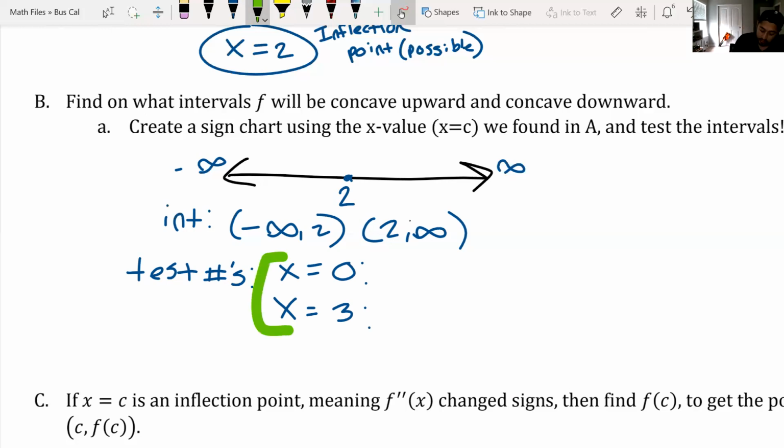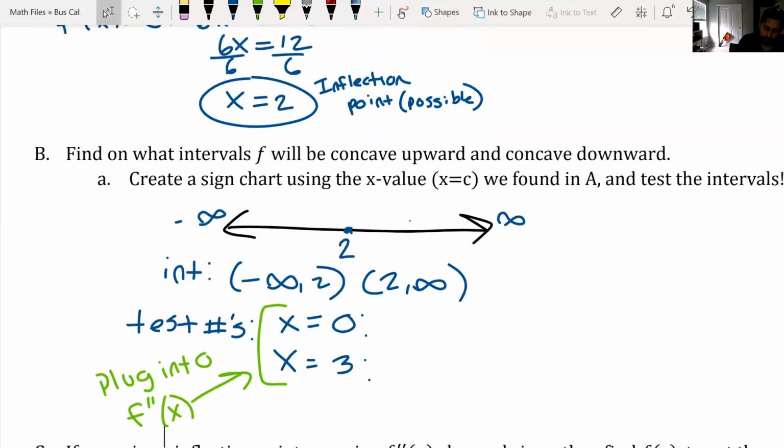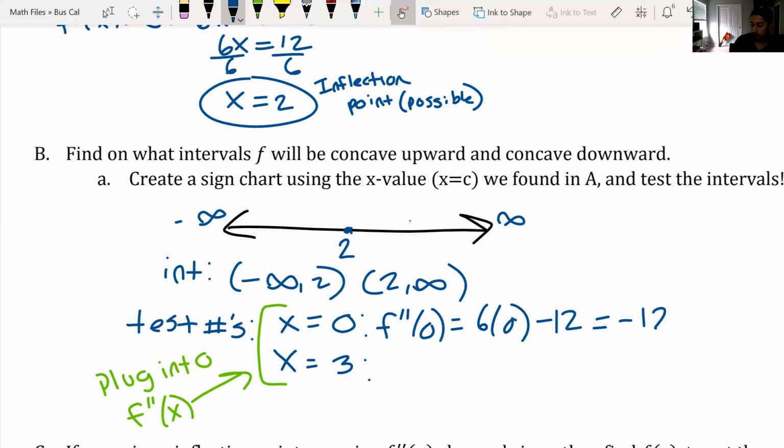So plug these in to the second derivative. My second derivative was 6x minus 12. So f double prime of 0 equals 6 times 0 minus 12, which gives me negative 12.